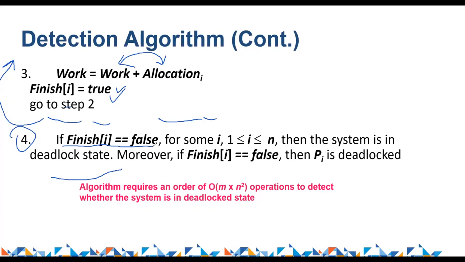That's why Finish[i] is equal to false, and the system is in a deadlock situation. Moreover, if Finish[i] is equal to false, then Pi is in which situation? Deadlock situation. So dear students, let's apply these things to an example, and these things will make sense for us.